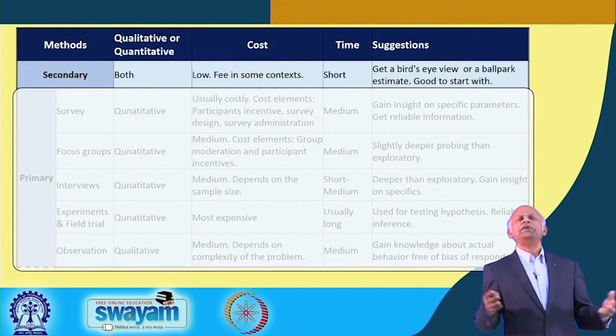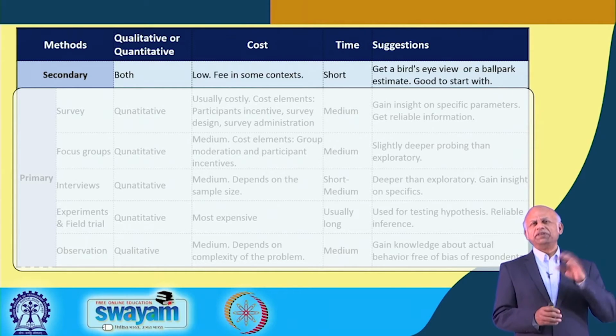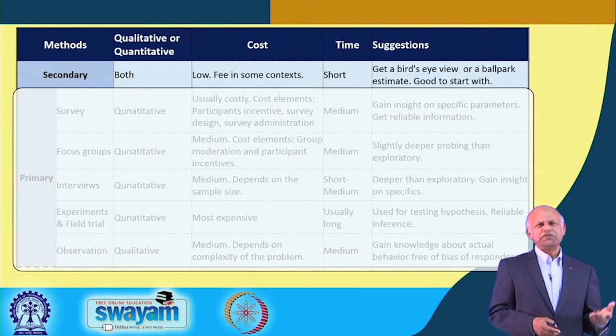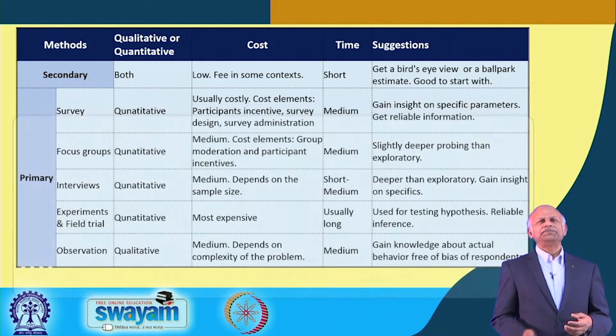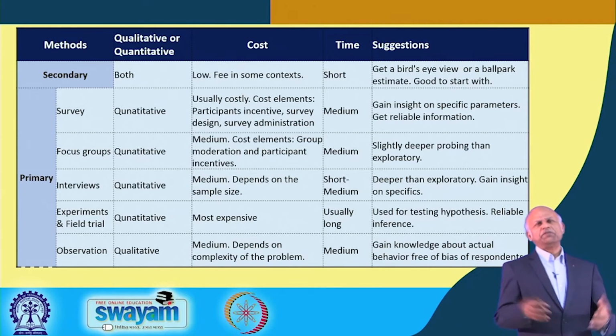Now, this is a summary of primary market research. Market research can be primary and secondary both. It is qualitative, then cost wise, time wise, suggestion wise. Primary has survey, focus group.